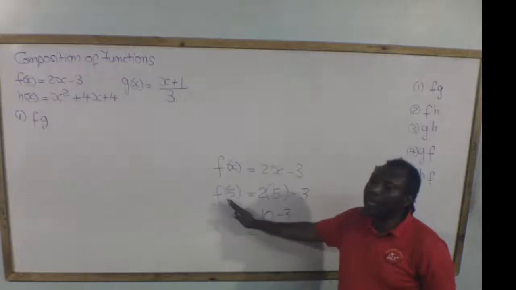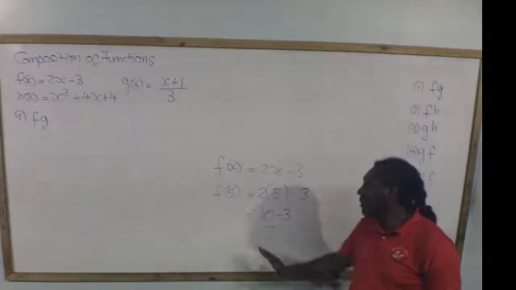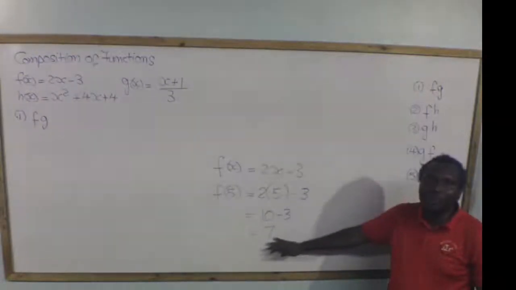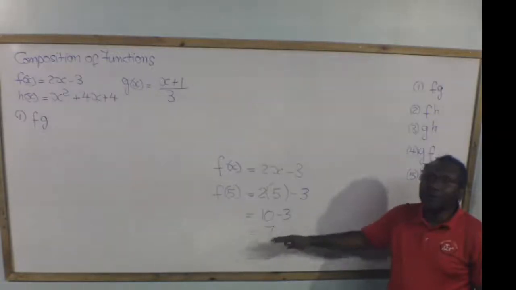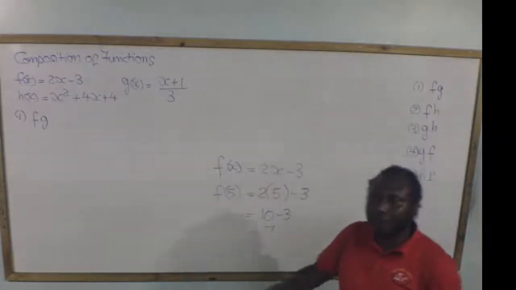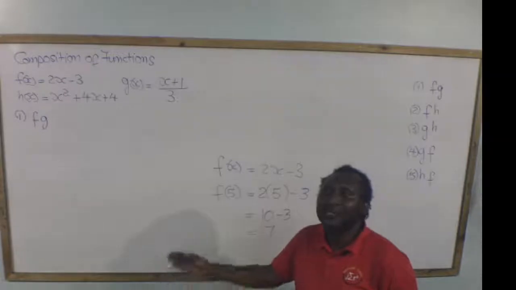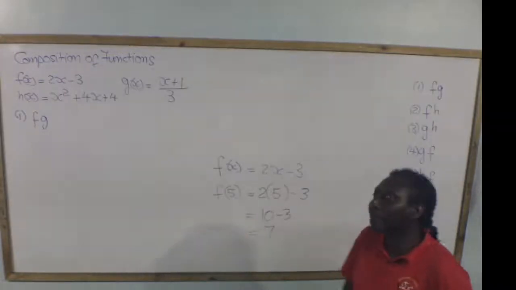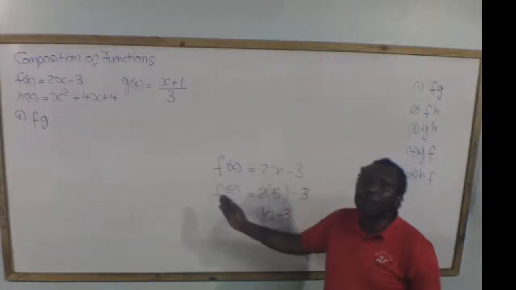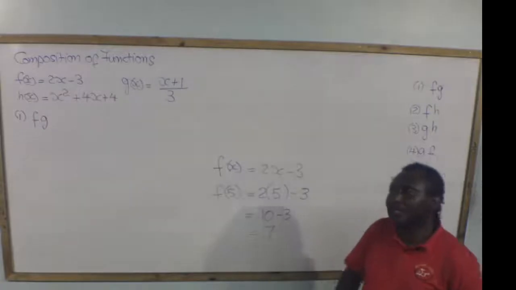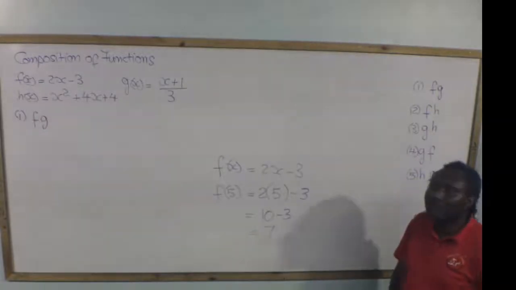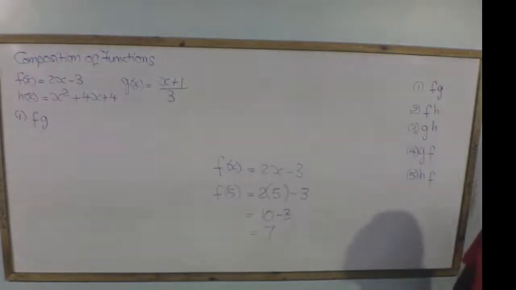As you can see, when a function operates on a number like 5, the result is a number. However, when a function operates on another function, the result is also a function. And that function is called a composite function because it is a composition of 2 or more functions.